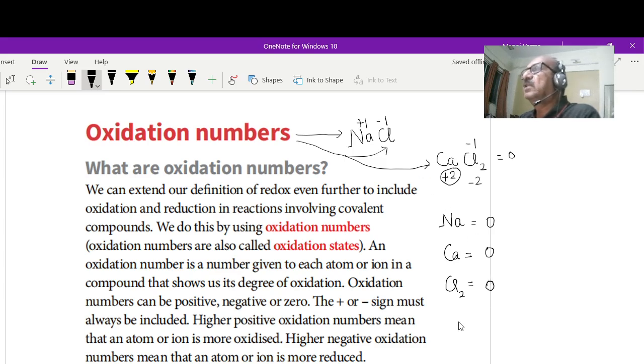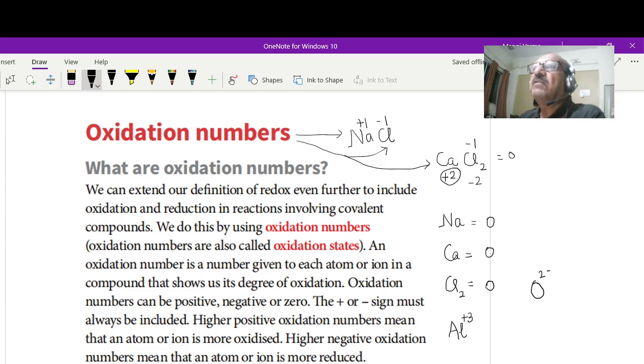This is quite obvious, and if we write Al3+ and you are asked the oxidation number of aluminium, obviously it is +3. If you write O2-, obviously the oxidation number of oxygen is -2. So this is very apparent.